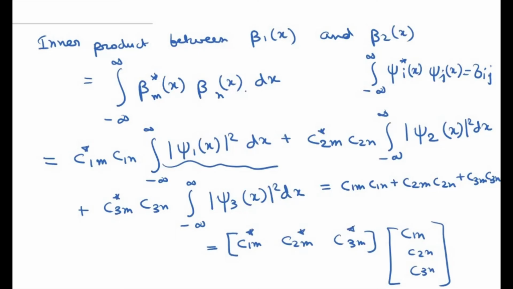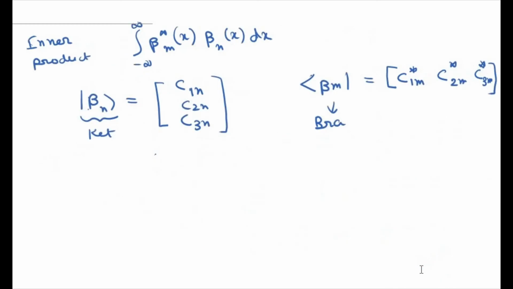When we transform from the bra notation to the ket notation or vice versa, we are basically doing the complex transpose. We write the transpose matrix, and we also take the complex conjugate of the elements of the matrix.